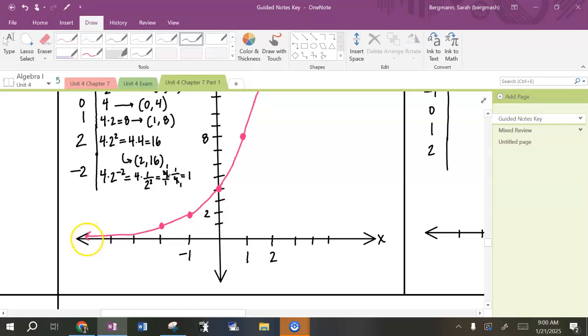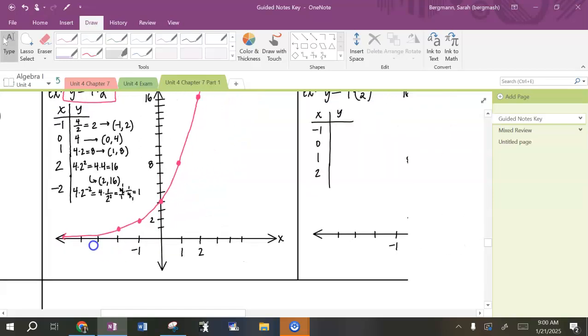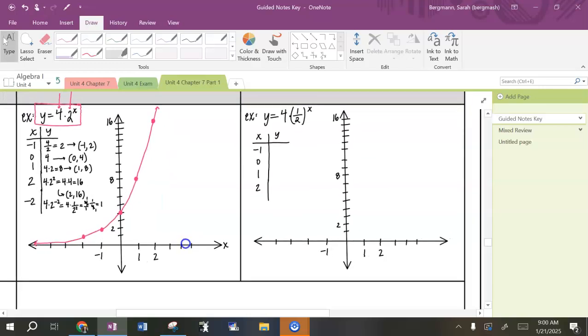The y values could get smaller and smaller and closer to 0, but they're never actually going to equal 0. That's the graph of exponential growth. It always looks like that, where it's closer to the x-axis on the left end, and it's increasing exponentially on the right end.